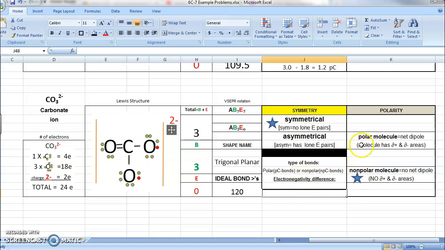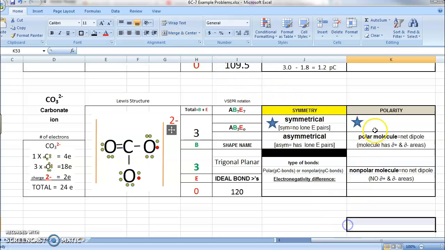But whether the molecule's nonpolar or polar here doesn't really apply, because a nonpolar molecule is saying that the molecule doesn't have a dipole. That's correct. The molecule doesn't have partial charges. It doesn't have partial positives and partial negatives. Why? Well, because it's symmetrically shaped.